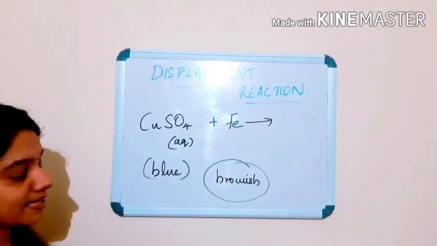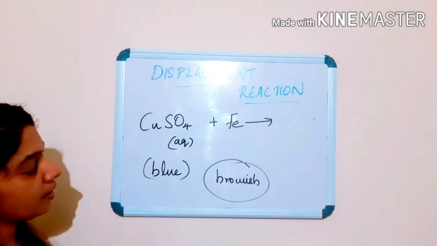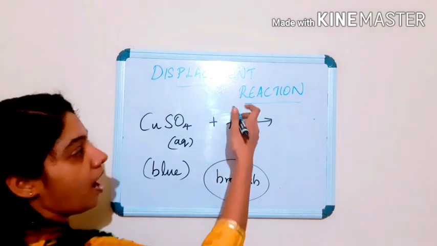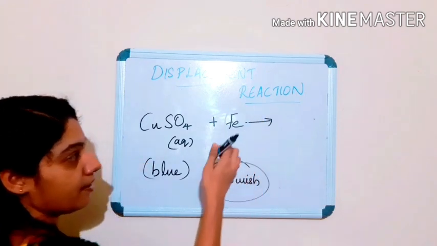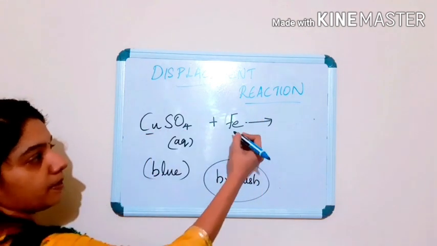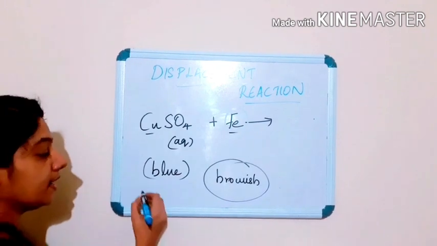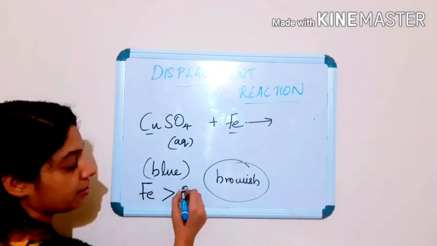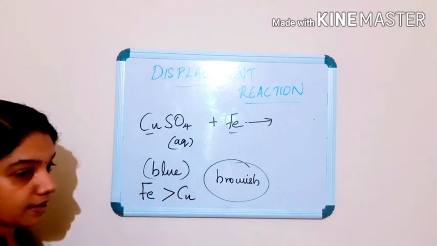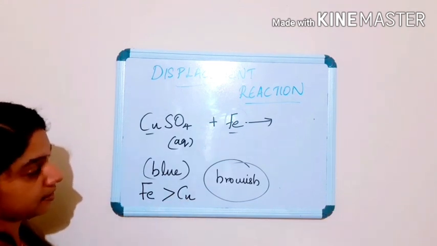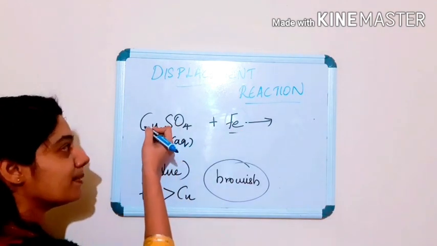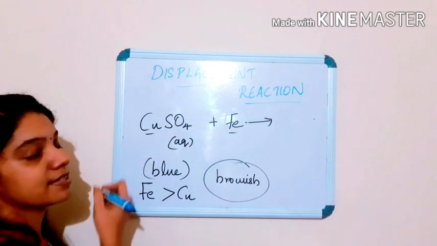How can it undergo a displacement reaction? Which are the two metals that we can compare here? We have the iron metal and we have the copper metal. We have studied that iron, Fe, is more reactive than copper. If Fe is more reactive than copper, what will happen? Fe can displace copper from its solution.